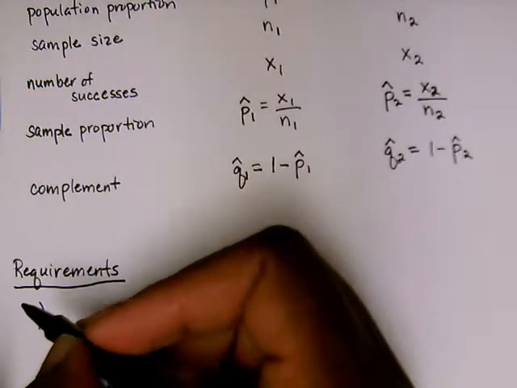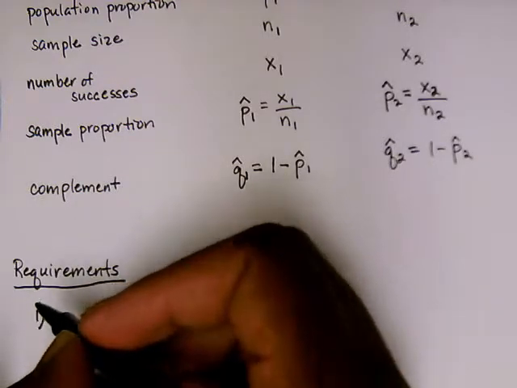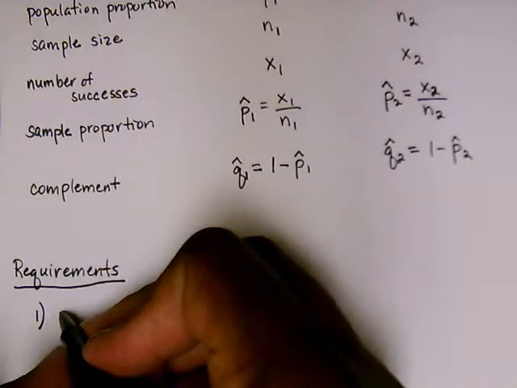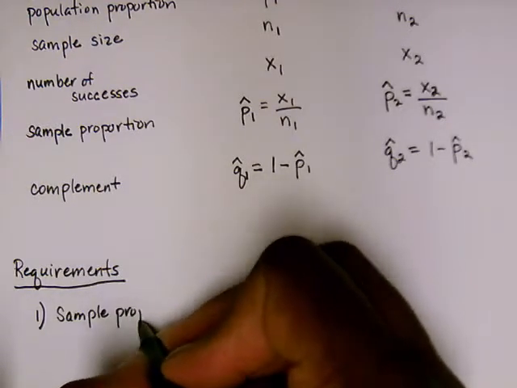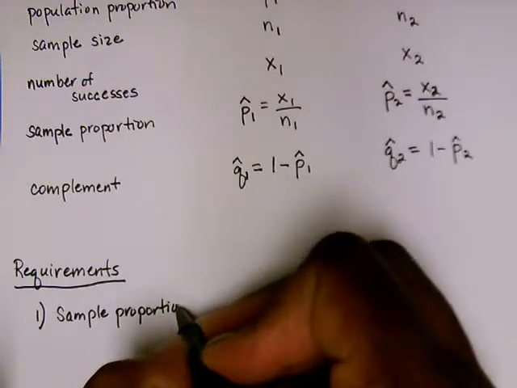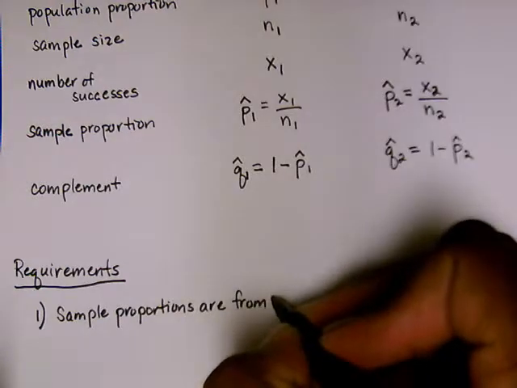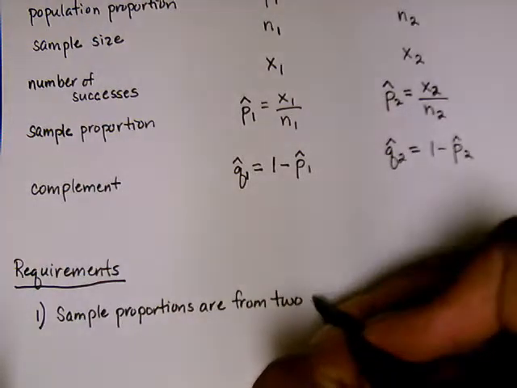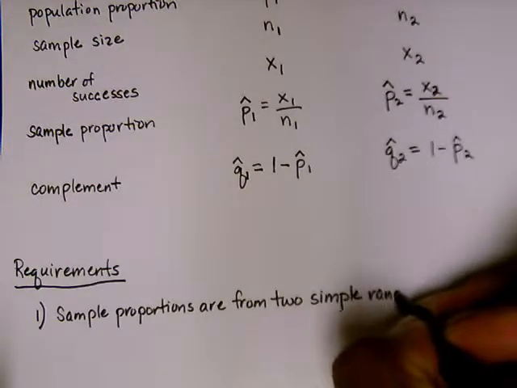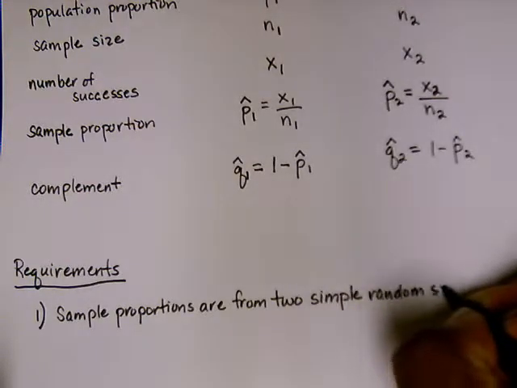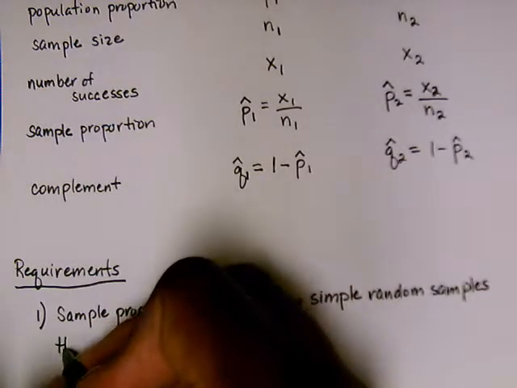The first one, the sample proportions are from two samples, or two simple random samples, that are independent.